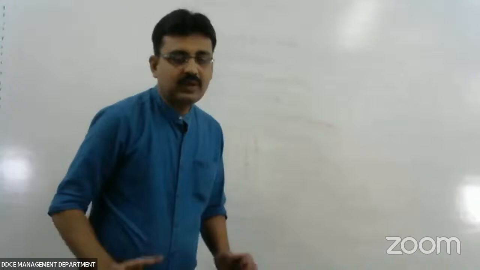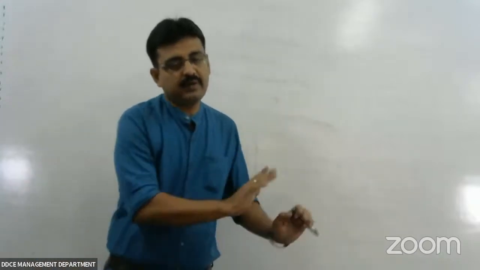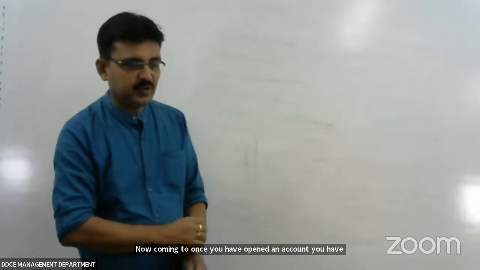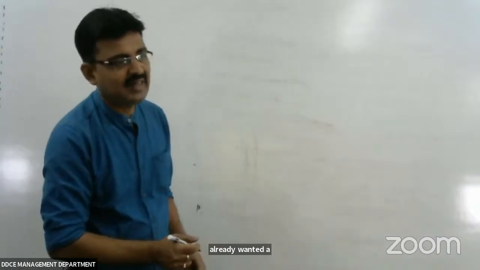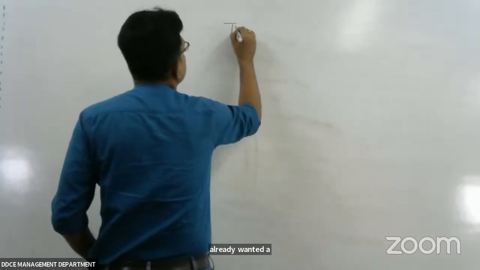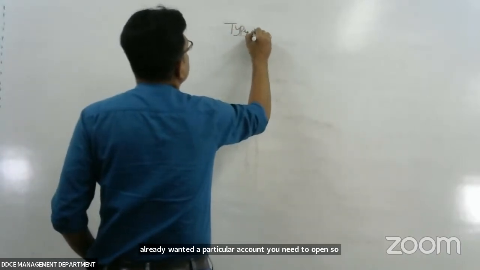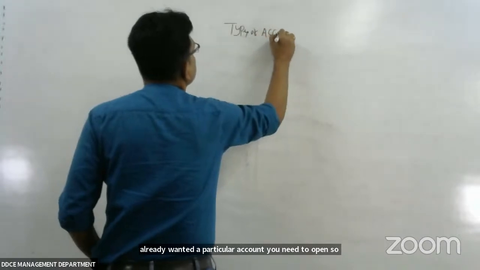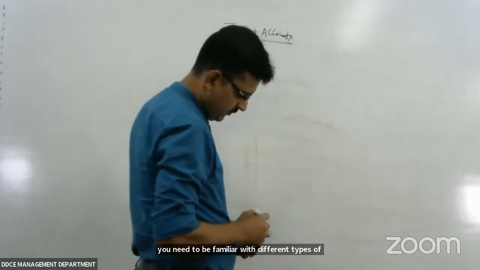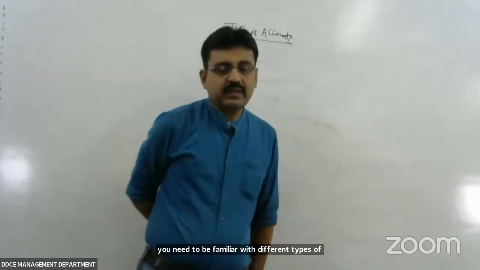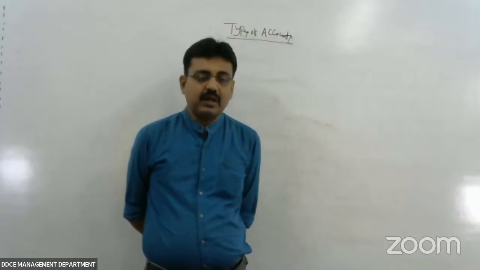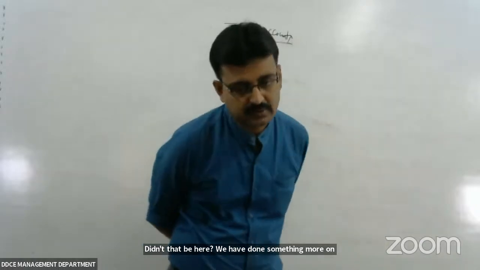Now coming to, once you have opened an account, you have already pointed out what type of account you need to open. So you need to be familiar with the different types of accounts. Here we are concentrating more on the deposit accounts than on the loan accounts.